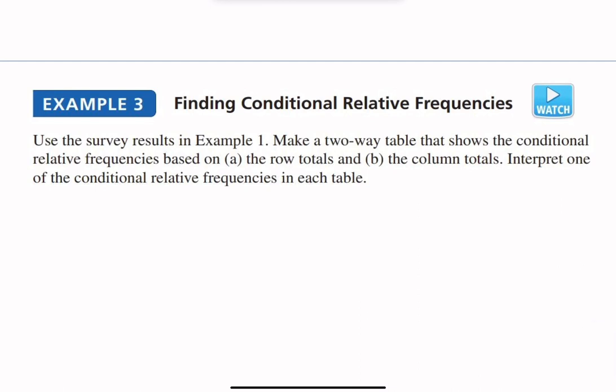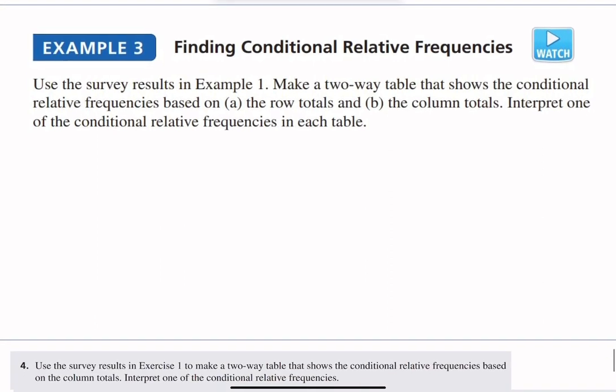Make a two-way table that shows the conditional relative frequencies based on A, the row totals, and B, the column totals. Interpret one of the conditional relative frequencies in each table. So we'll start with A, the row totals. Again, we're setting it up the same way.